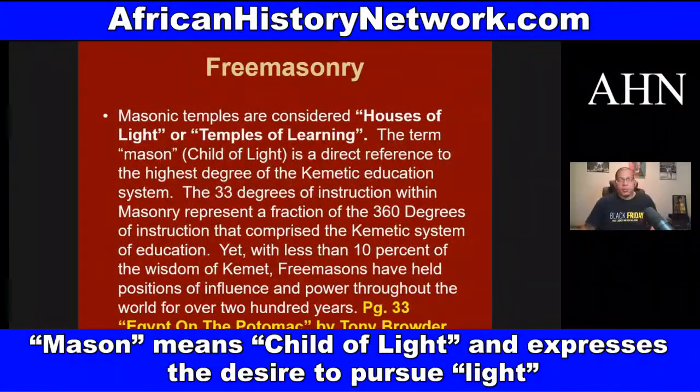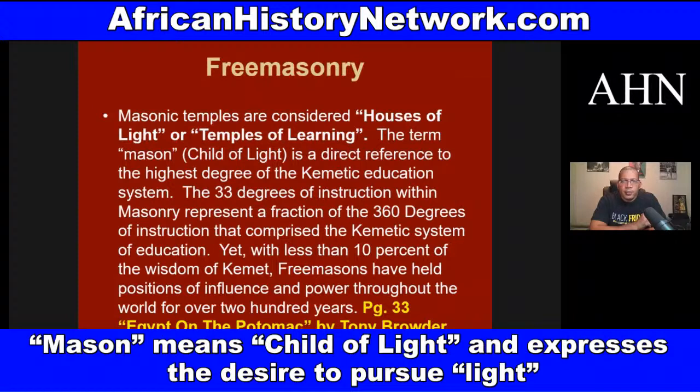Now, Masonic temples are considered houses of light or temples of learning. They were also referred to as the Per Ankh, house of life. The term Mason, child of light, is a direct reference to the highest degree of the Kemetic education system.